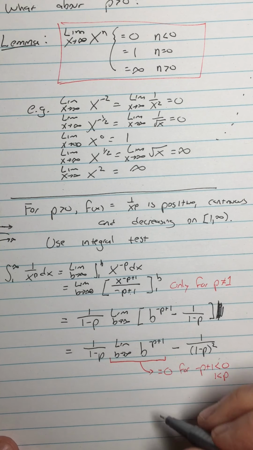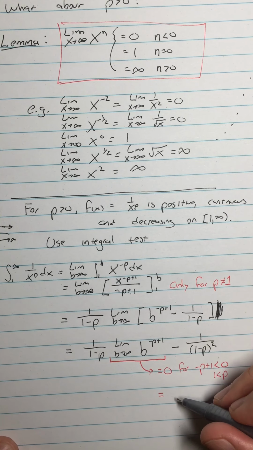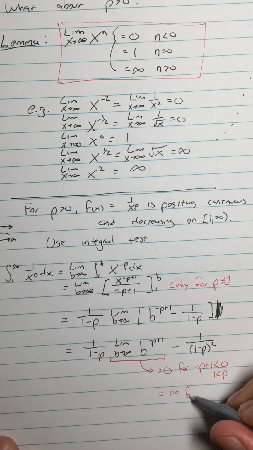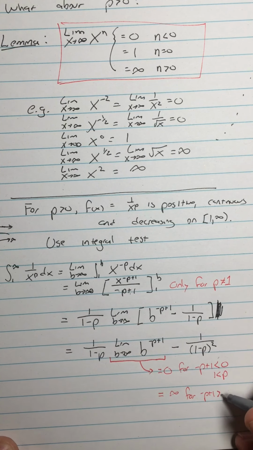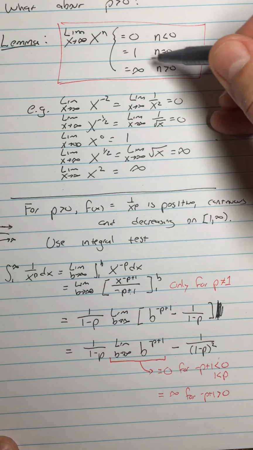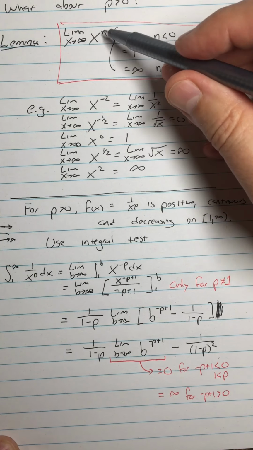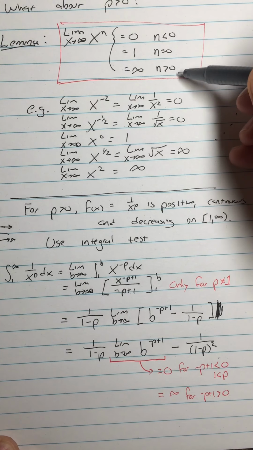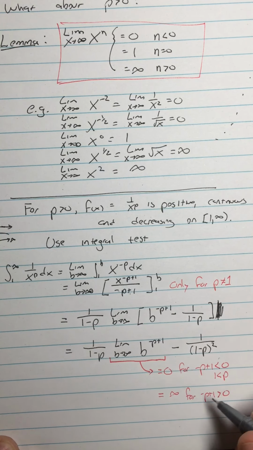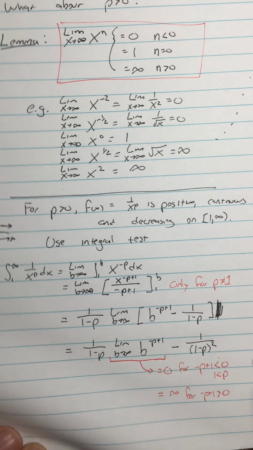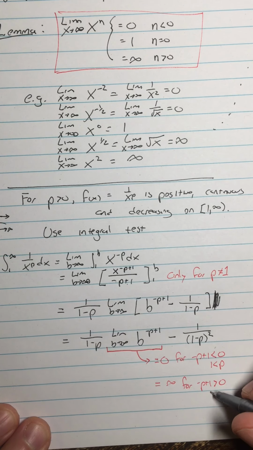Right? And also, by the way, this limit is equal to infinity for negative p plus 1 greater than 0, right? Because then I would be looking at a limit as x approaches infinity of x to the n, where the n is greater than 0. So the negative p plus 1 is playing the role of the n. Greater than 0, we're going to have a limit of infinity. All right, and that, by the way, is, we could put the p to the other side.